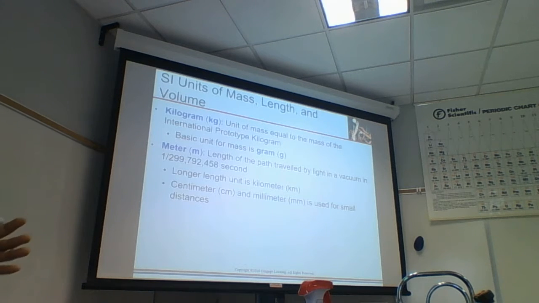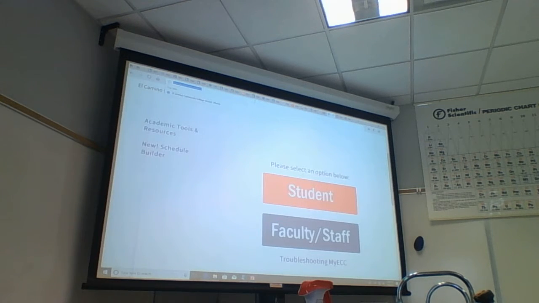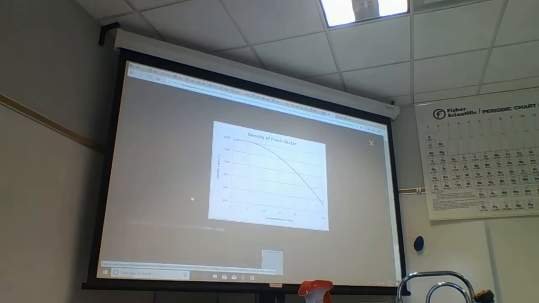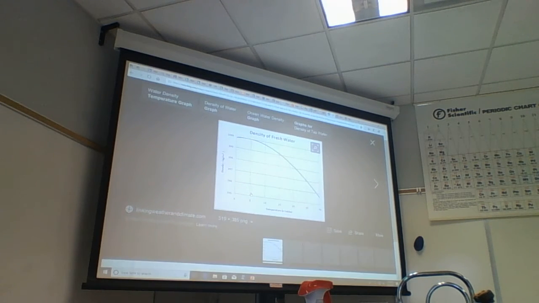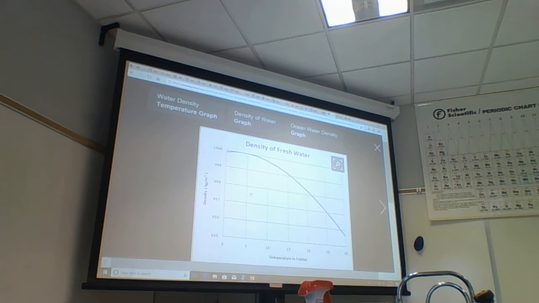Because water, actually, if you look at the density of water at room temperature, what is room temperature?